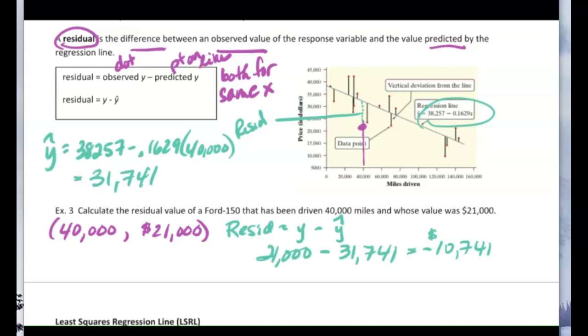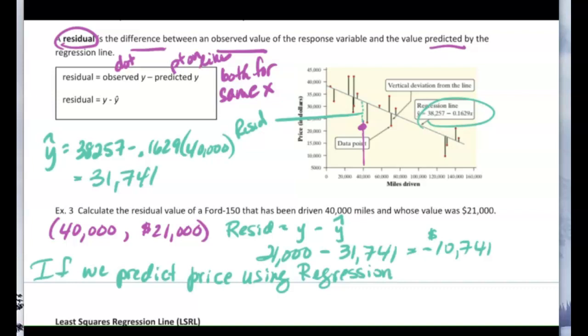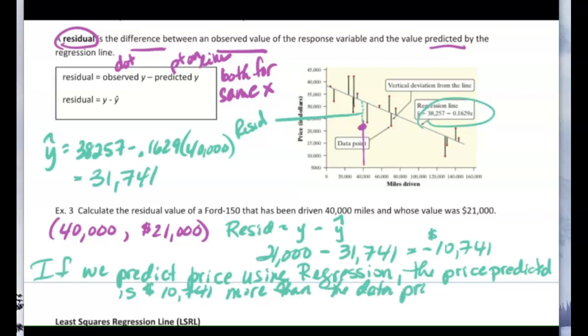So if we predict the price of the car using the regression line, the price predicted is $10,741 more than the data provided.